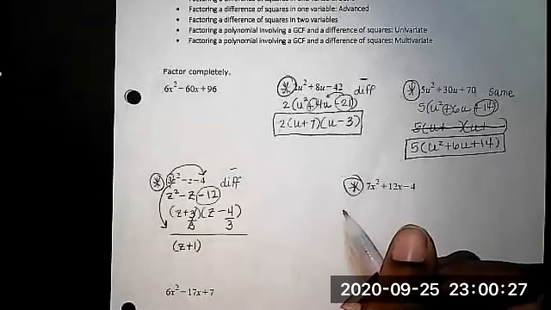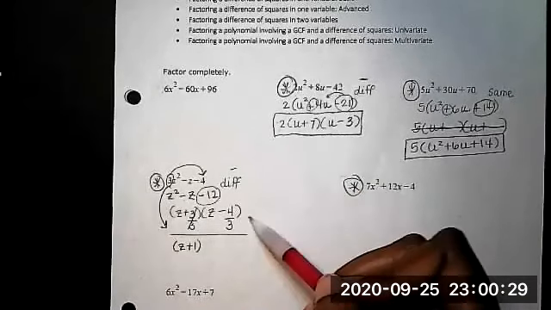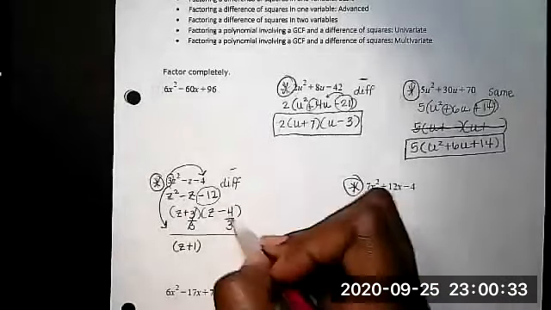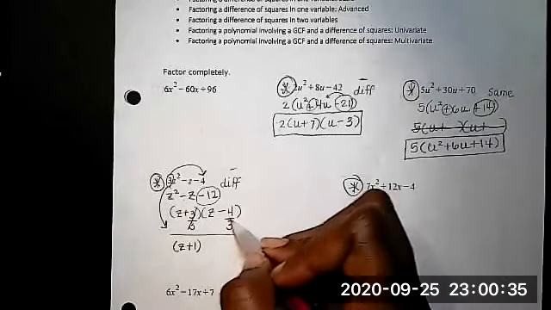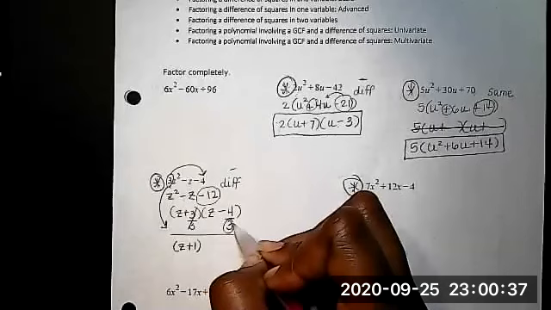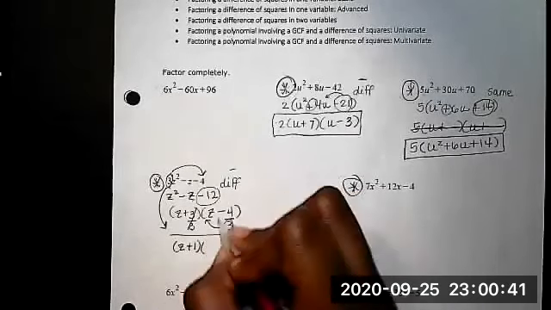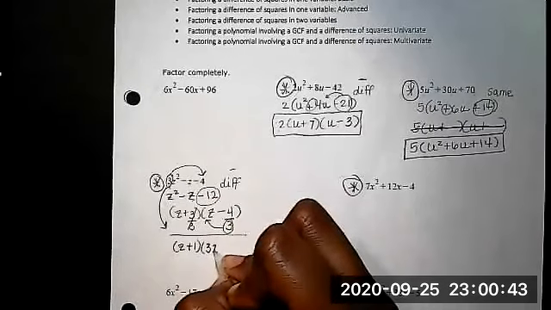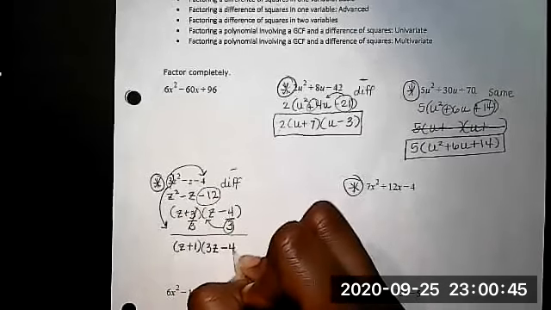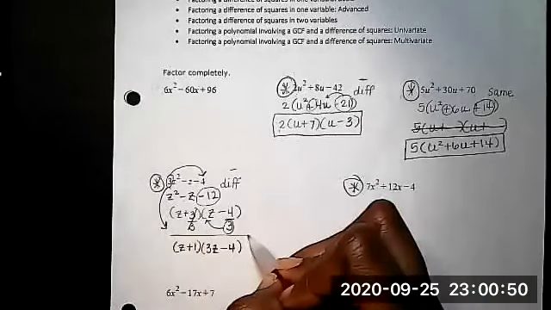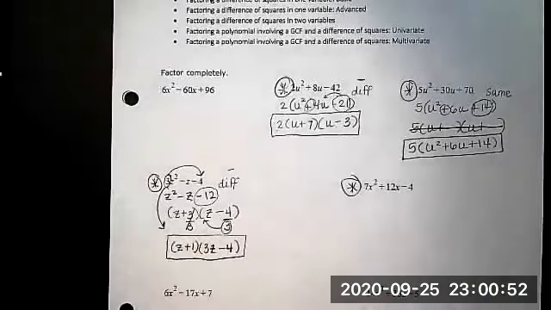If it doesn't simplify, like 4 divided by 3 doesn't simplify, you're going to take 3 and move it here in front of Z. So this now becomes 3Z minus 4. Okay? And this now is your factors.